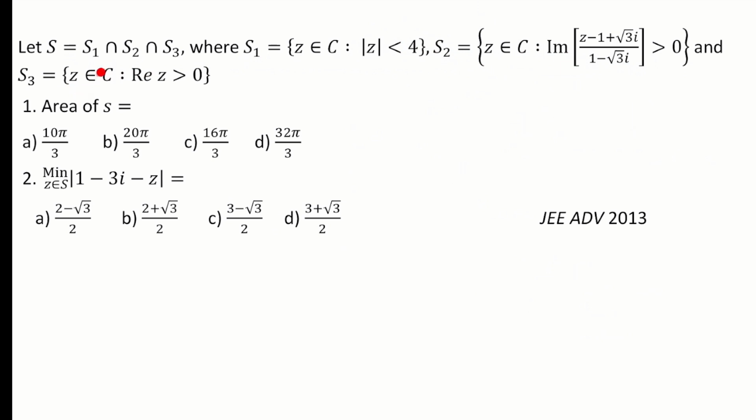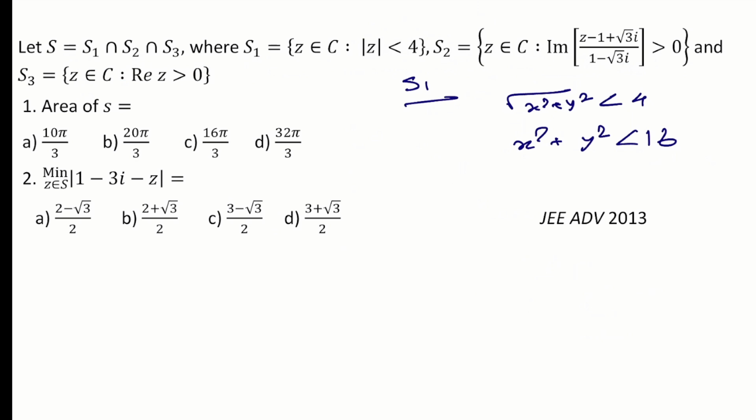S is the region common to the three. So let's get S, and after that we'll start solving the sum. First of all, S1: mod z, that is root over x square plus y square, is less than 4, so x square plus y square is less than 16, which means it is within a circle.